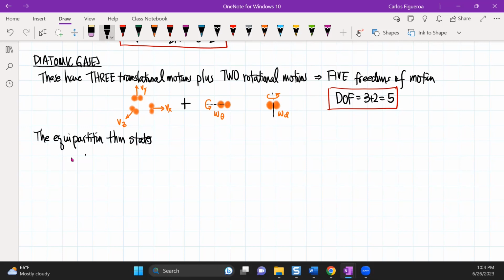So if I look at K micro, there are 2 kinetic energy terms. There's the translational kinetic energy plus the rotational kinetic energy. So that means if I have n particles, I have 1/2 m v RMS squared.